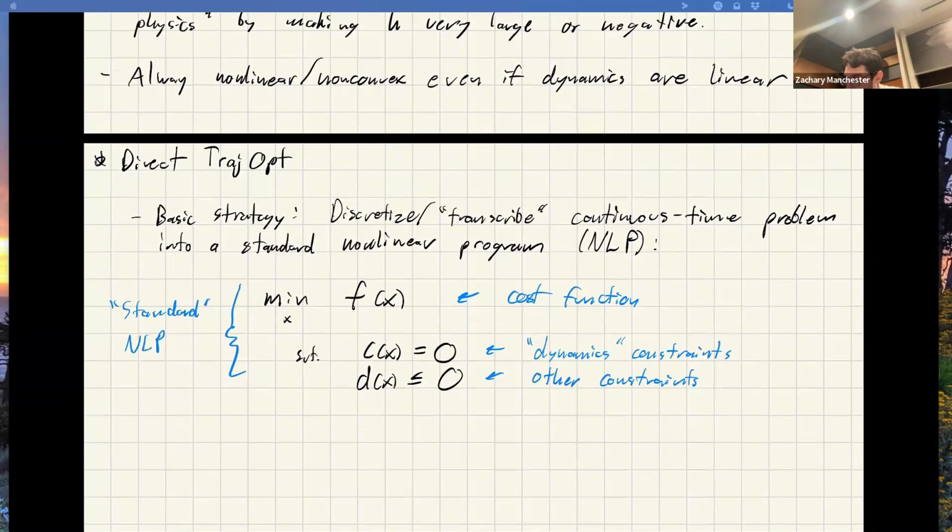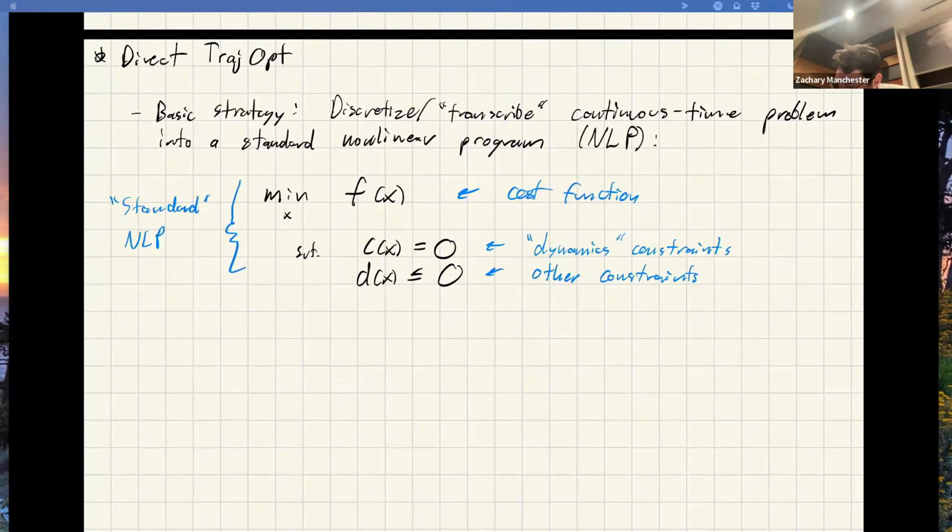And we're usually going to assume, although sometimes this doesn't hold up, in particular when you have contact interactions in robotics, that all these functions, f, c, and d here, are at least C2 smooth. That means they have continuous first and second derivatives. It means I can take two derivatives, so I can compute a Hessian and do Newton's method.